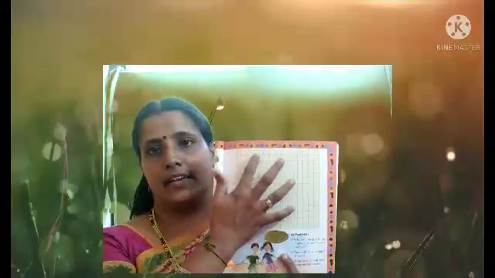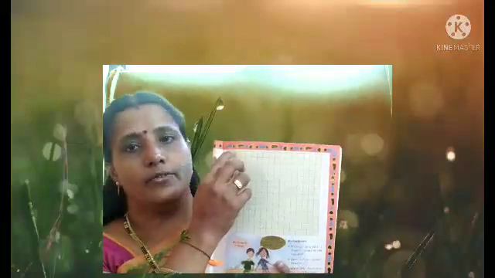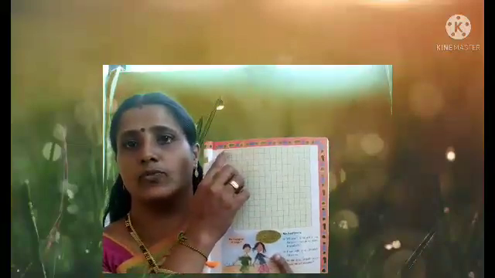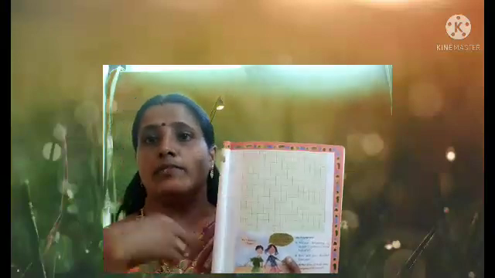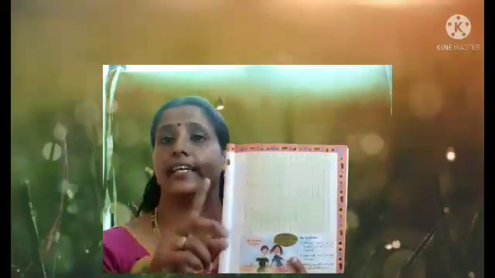These grids have unit squares. Each square has the area 1 centimeter square, because it's 1 unit square. Its side becomes 1 centimeter. How can we find out the area of a square? Yes, we already learned in the 4th standard, that is side into side.